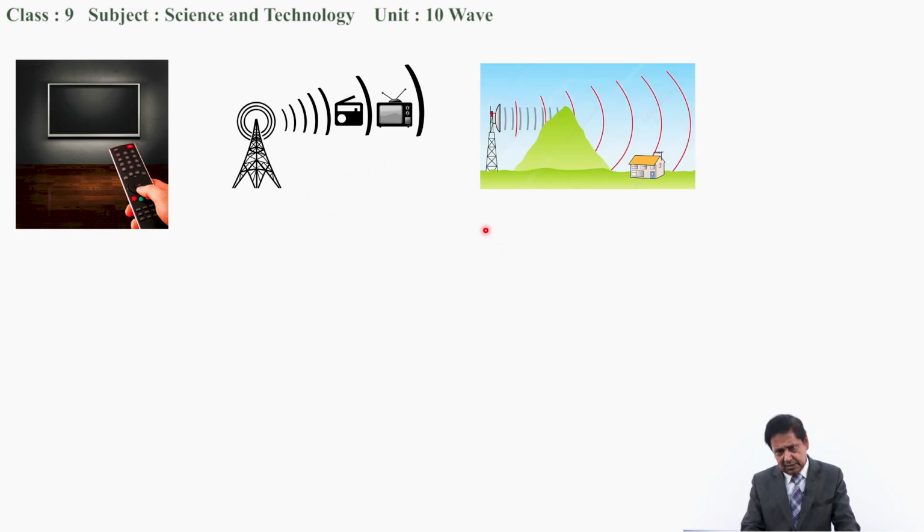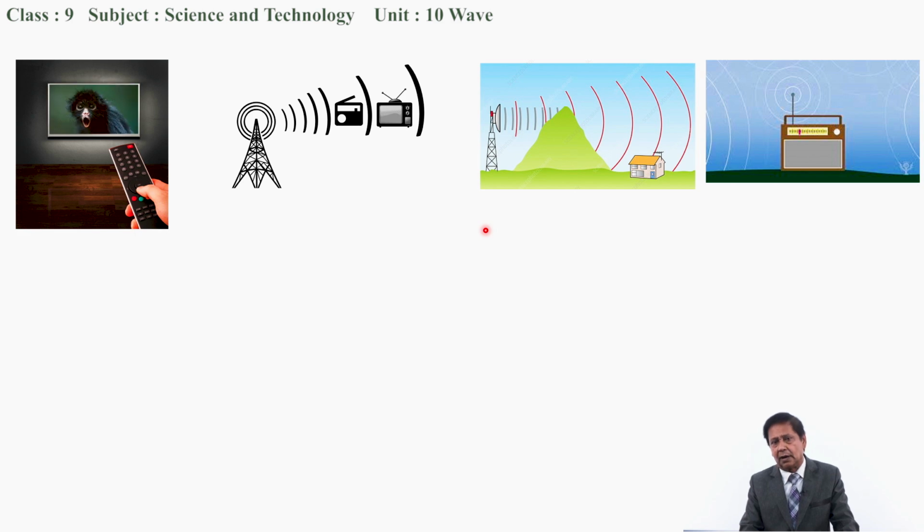And this is also the same, and this one also the same. We are showing the wave broadcasted by the radio station and tele station, which comes to our television set and radio set, and this radio set and television set work. In all these cases, wave is working, wave is utilized.